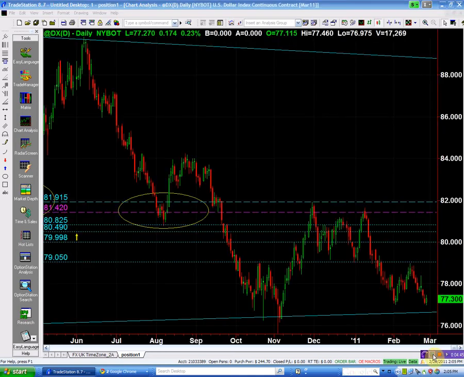If you look at the daily chart on the dollar, you can see that Friday was kind of a positive day.